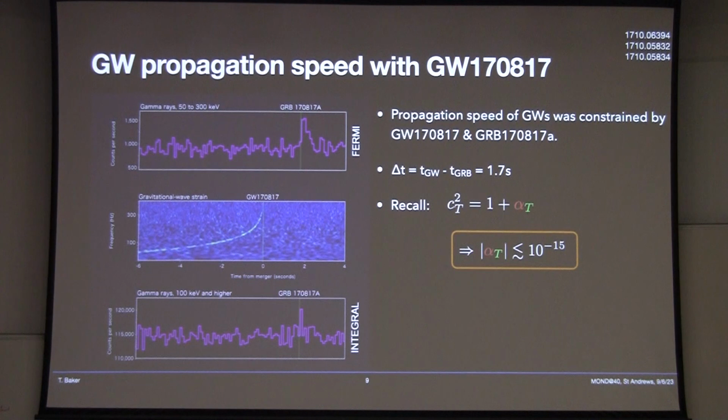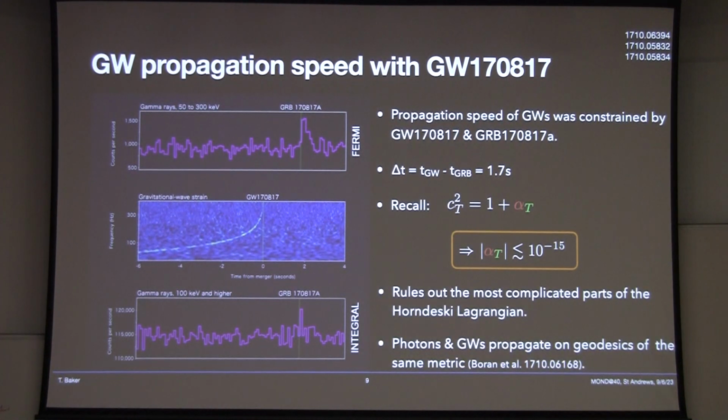So this was the headline result back in 2017, and there was a flurry of activity trying to understand what this implied for extensions of GR. And the headline claim at the time, at least in this Horndeski family of theories we've been talking about, is that it rules out the most complicated parts of the Horndeski Lagrangian.